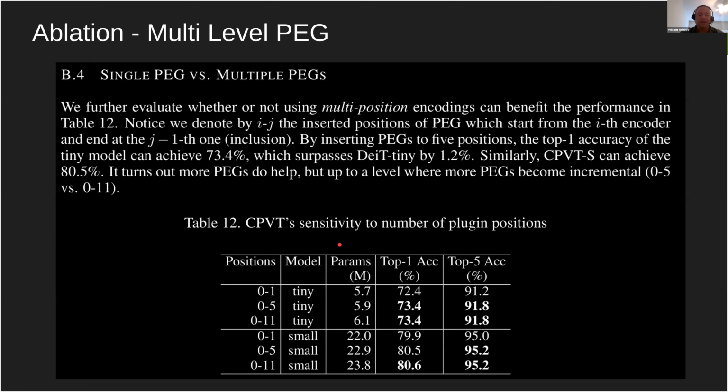So multi-level PEG, as I said previously, is really important, but worth noting is that if you increase the PEG after a certain number of layers, it seems like it doesn't matter that much because the accuracy doesn't change. So they're implementing the positional encoding on layers 0 to 5, which is kind of where it peaks out. And if you have 11 layers, or maybe 12, with this positional encoding, it doesn't improve over having it only at 5 layers.